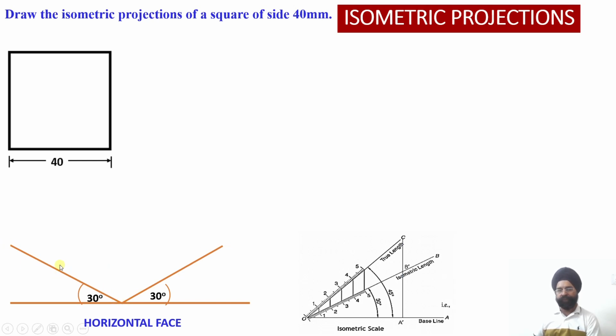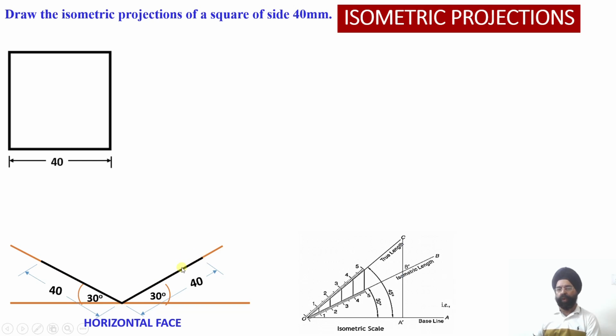Then we are going to mark 40 millimeter, that is isometric 40, not the true 40. So isometric 40 we are going to mark on both the x-axis as well as the z-axis. Just see, on the z-axis I have marked 40 and the dimensioning has been done. Similarly on the x-axis 40 millimeter isometric has been marked. Now the two edges have been obtained.